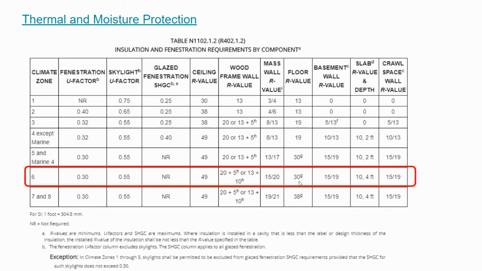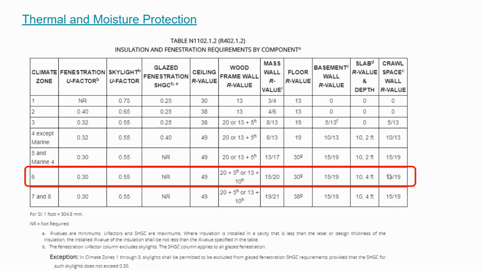Floor R value has to be 30, and the floor, again, is only the floor that is exposed either to the ground or to the outside. Basement wall R value is 15/19, so 15 performance, 19 in the cavity, so 15 can be outside or inside R value, 19 can be in a cavity if we have a foundation system that has the ability to put insulation inside, which is not very common.